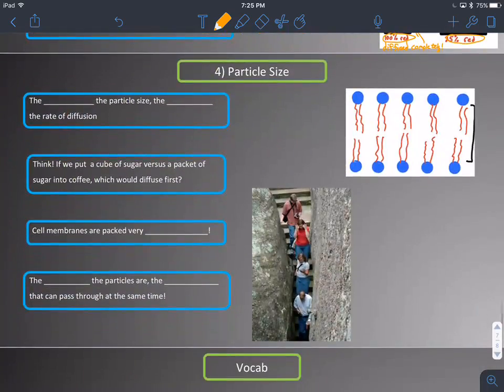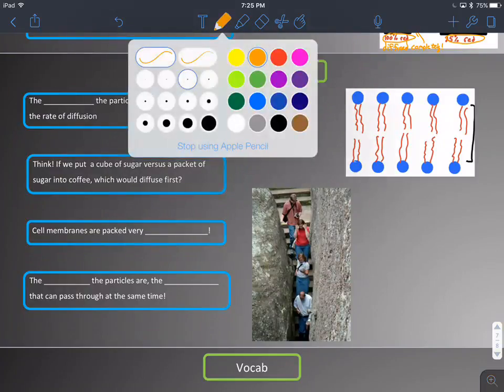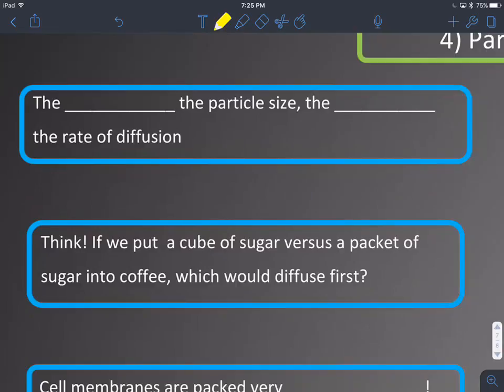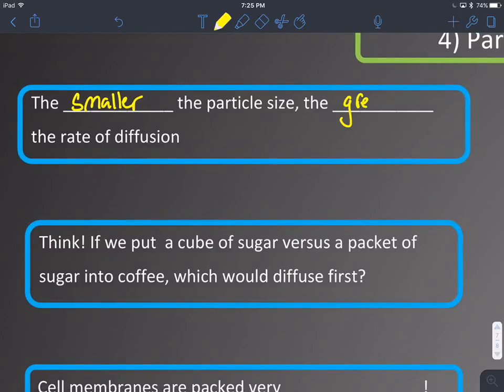Our last thing that's going to affect diffusion is particle size. And very similar to diffusion distance, the smaller the particle size, the greater the rate of diffusion.